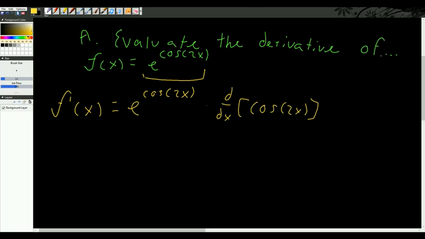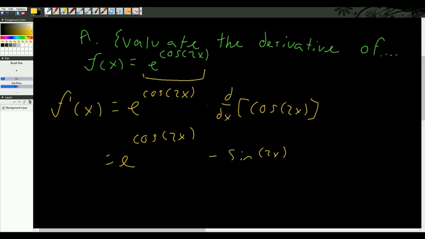Alright, so this is where the chain rule comes in a second time. So again, first we're going to have to derive using the trig function. So in that case, that'll just become negative sine of 2x, okay?